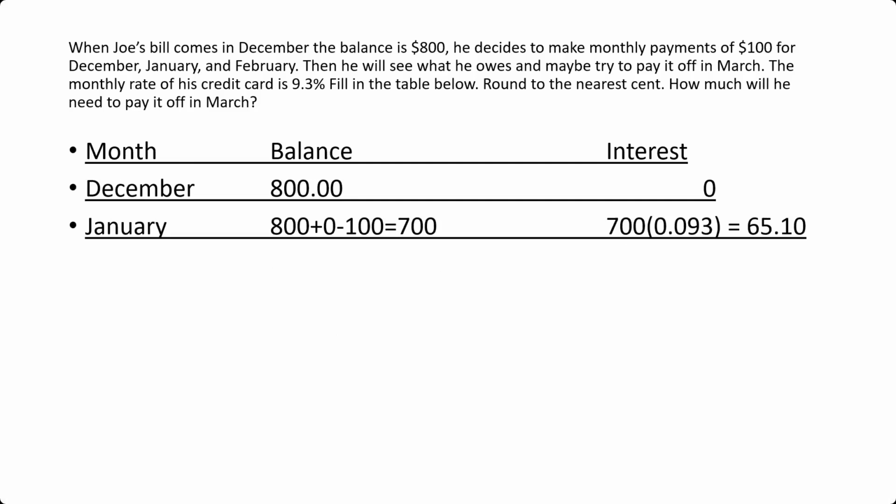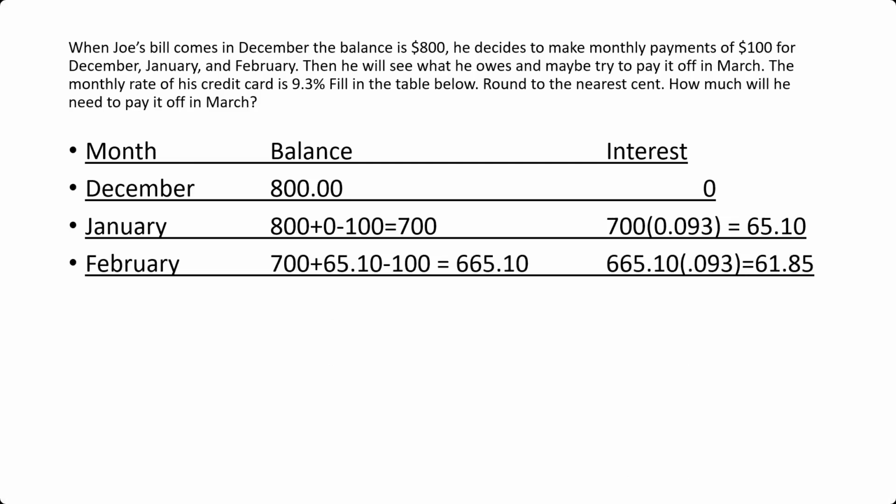Subtract 100, he only needs to pay interest on the $700. And the interest was 9.3%, written as a decimal. So $65.10. Now, what you have to be careful of is he's only making $100 payment. Sometimes your interest is higher than your payment. So then it still grows.